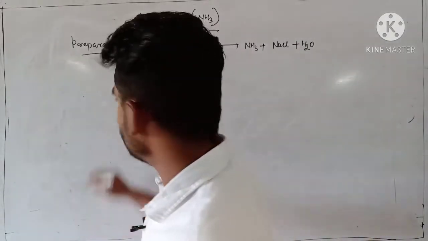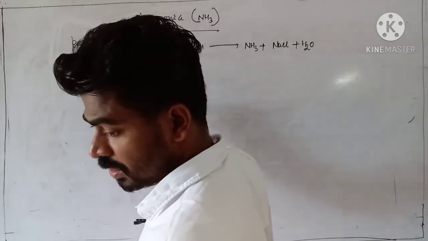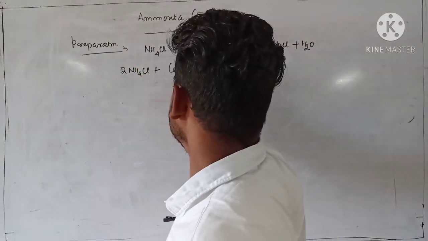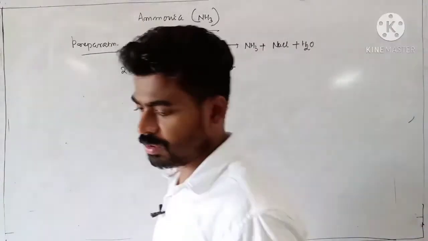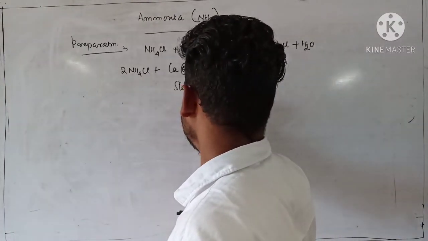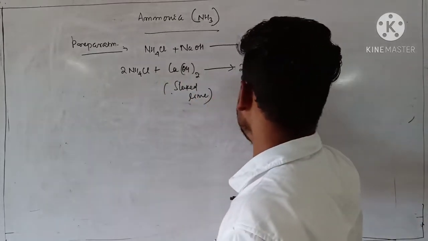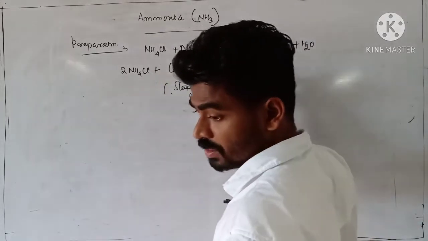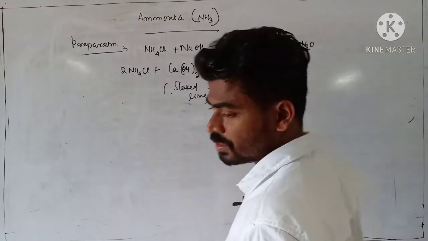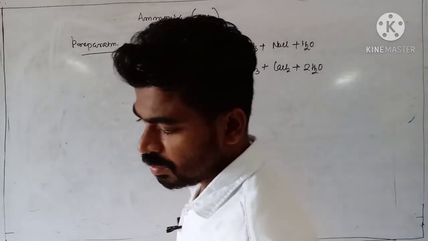Next, if you treat ammonium chloride with calcium hydroxide, Ca(OH)2, called slaked lime, the product obtained is 2NH3 plus CaCl2 plus 2H2O. So these are the methods of preparation.